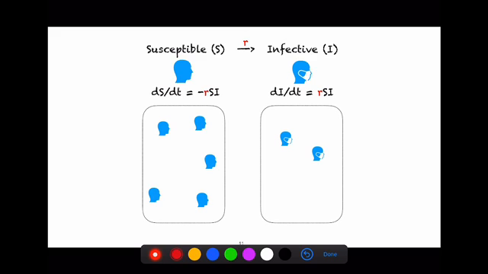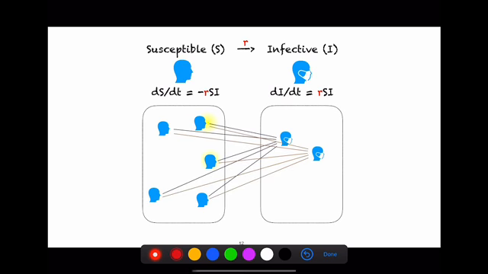Now, here's why we call this exponential growth. Now we have two infected people, and each one of them has a possibility of infecting the susceptible population with equal probability. So we have much more complex connections, and we basically have a doubling of the chance of creating more infectives.